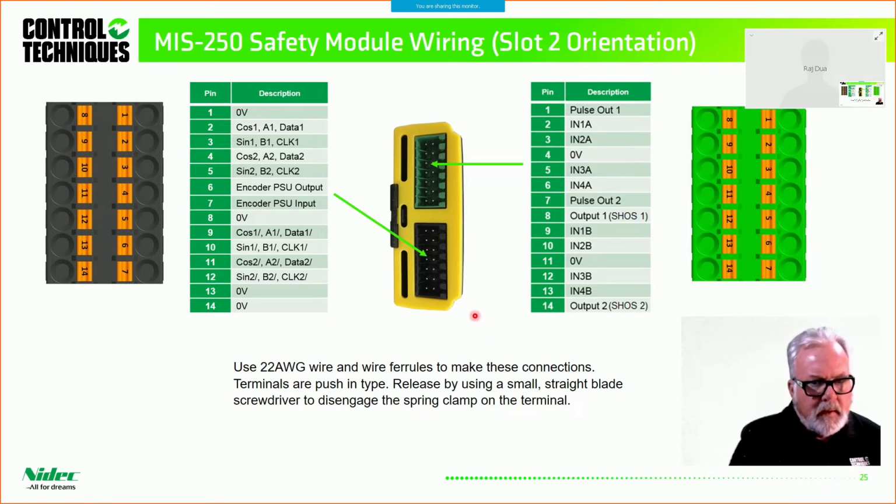To release it, there's a small button here that you use a small flat-bladed screwdriver to release the spring, and then you can pull the wire right out of the connector there. So, little tips for success that'll help you get this going as we go along here. Pay attention to the orientation and the terminal numbers when you're doing your wiring.